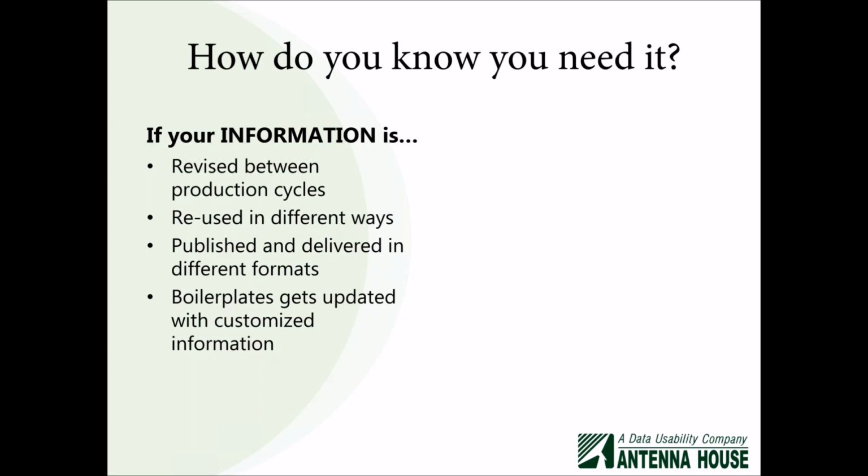If your information is revised between production cycles, if you reuse it in different ways, I'm publishing a paper, I'm producing A4 publications for one area, I'm producing letter-size publications for another, I'm producing pocketbooks for yet another publication, I'm taking the information, I've got a technical manual and a user manual, a lot of common content, reusing information different ways, publishing in different formats, taking boilerplates.